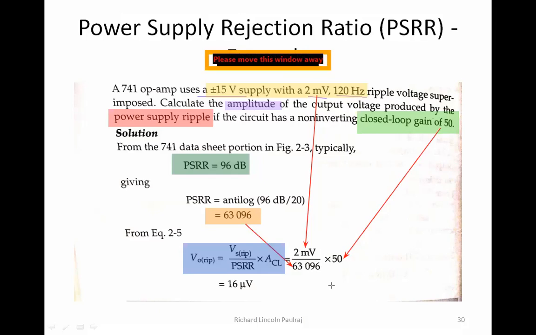Sir, is it 63.096 or 63096? One minute. Just divide 96 by 20 and then raise 10 to that value. How much are we getting?